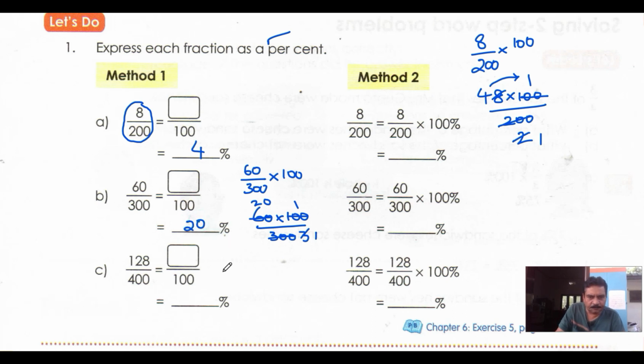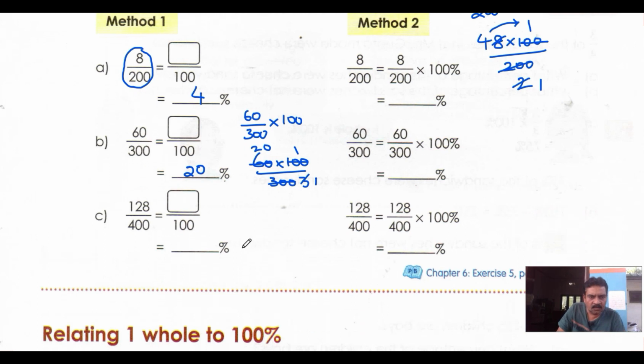In the same way, when you go to this one, I'll do it here. 128 by 400 into 100 you do it. Then it becomes 128 into 100 by 400. 100 1s are 100, 400 4s are 100, right?